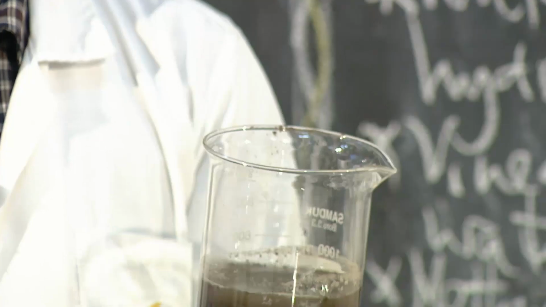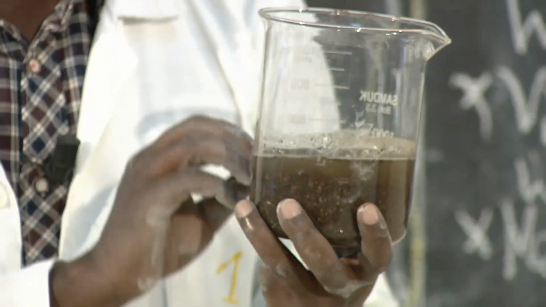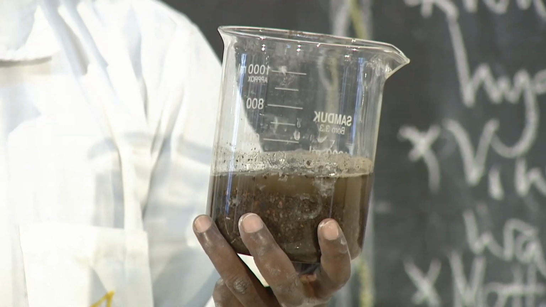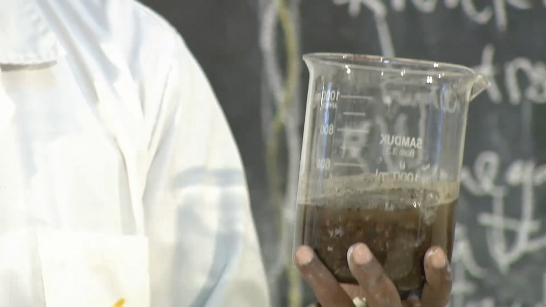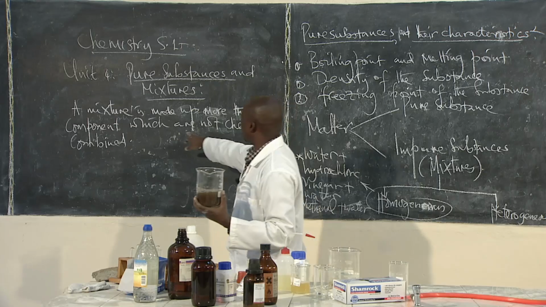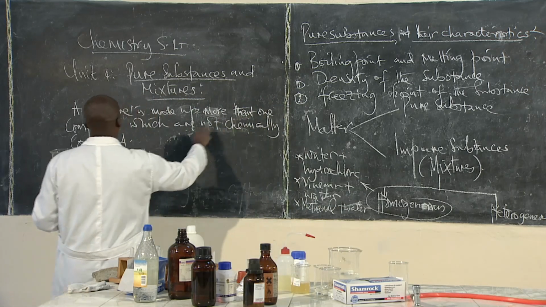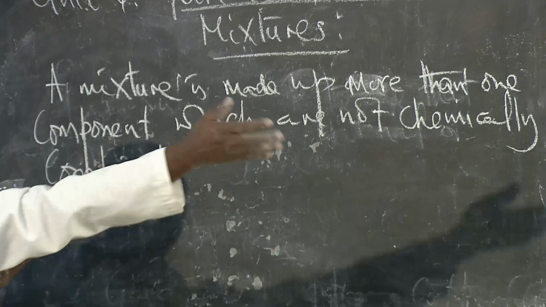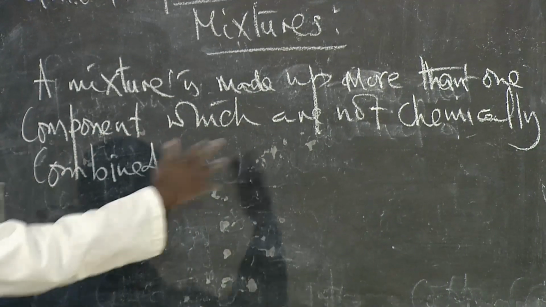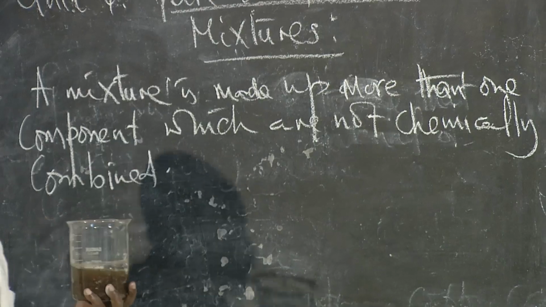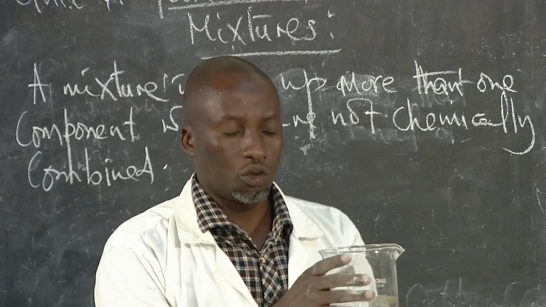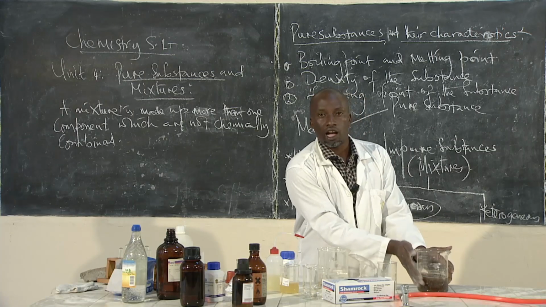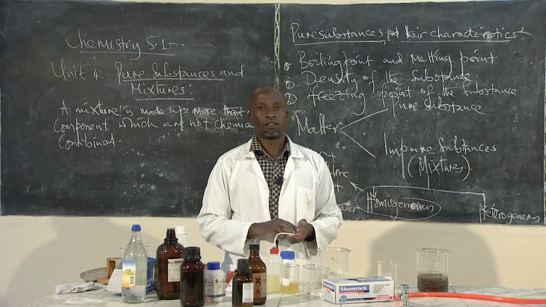So they just mix. So you can only separate this one by using physical means. You don't need to use chemical means. So that is why we are saying that there is a mixture that contains more than one component, and they are not chemically combined. By just using simple physical methods, this can be separated.